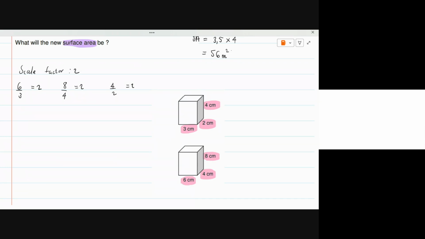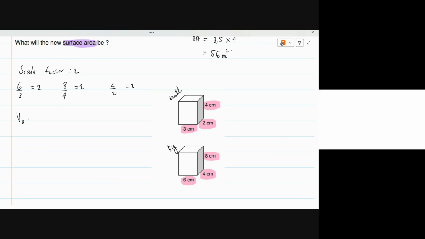Let's calculate the volume. We're going to say this is the smaller one and this is the big one. Let's calculate the volume of the bigger one on the top because we're going to divide.